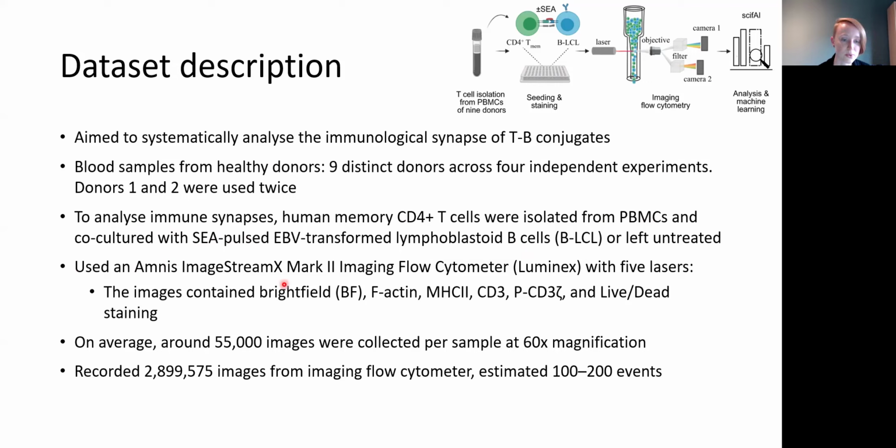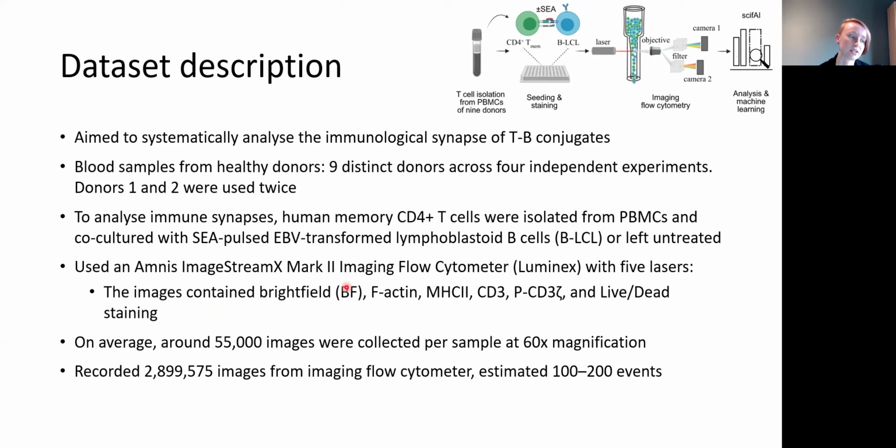They then passed it through an ImageStream imaging flow cytometer with 5 different lasers. So they ended up with images that contained bright field, which is just a general overview without any particular staining, F-actin, MHC2, CD3, p-CD3 zeta, and live dead staining.